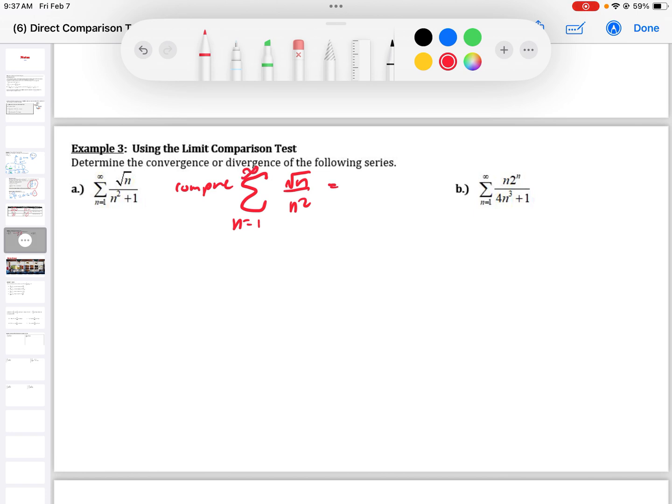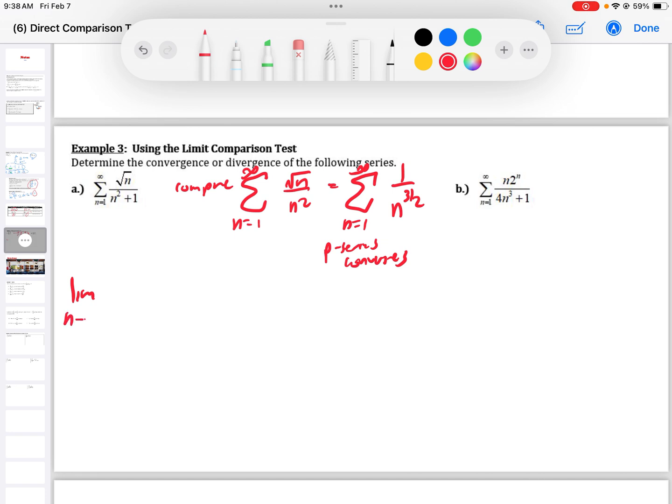I can reduce this to n to the 1/2 on top and n squared on the bottom, so there'd be n to the 3/2 here. That's a p-series with p greater than 1, so it's a converging p-series.